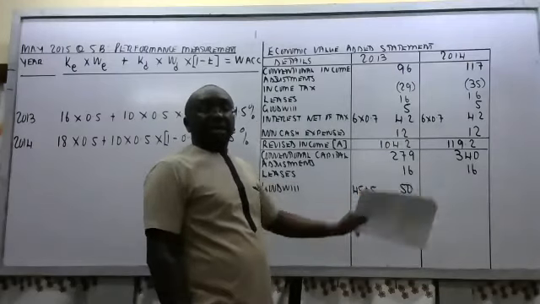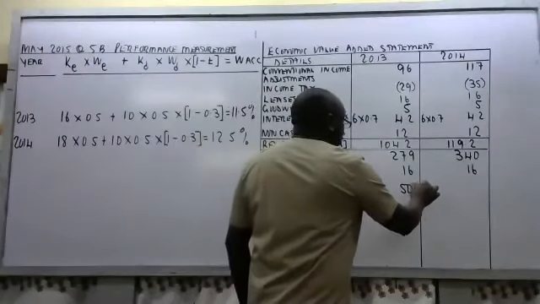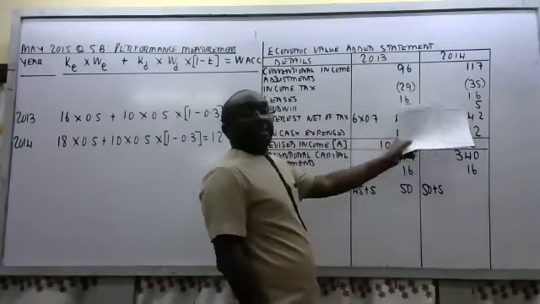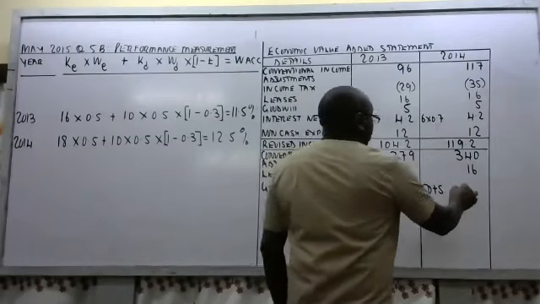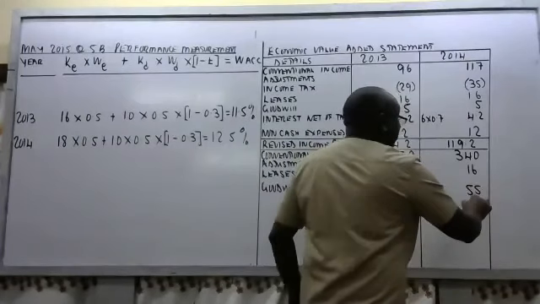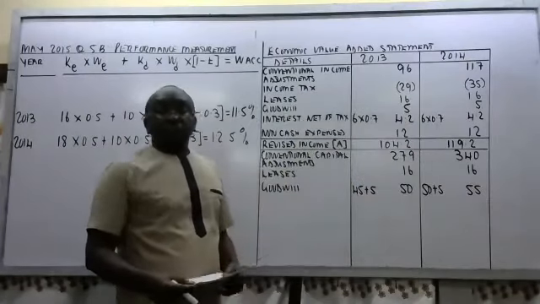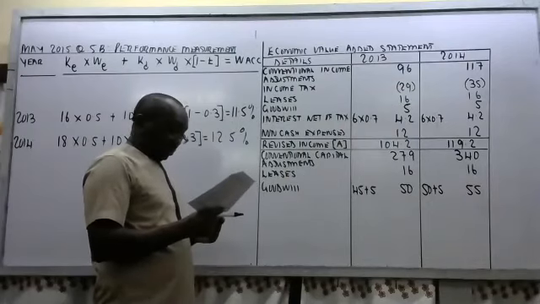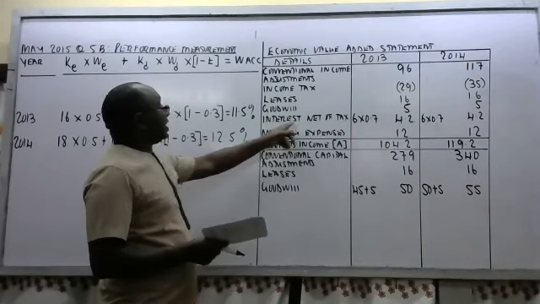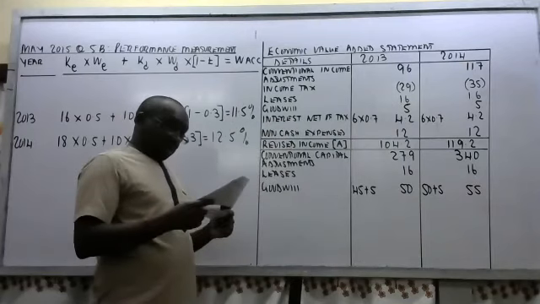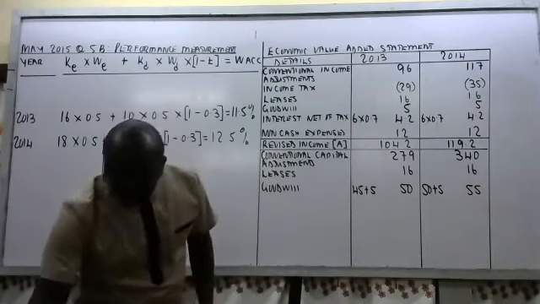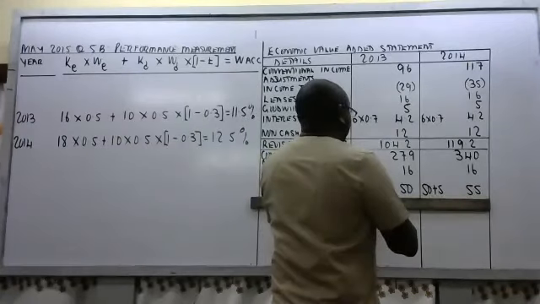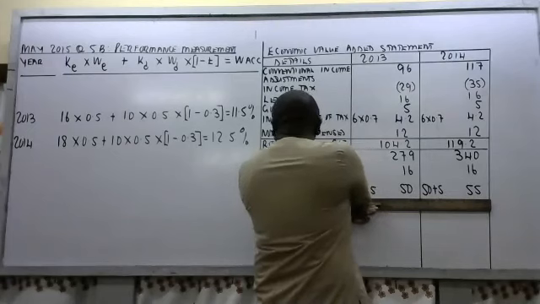And you do the same thing for the next year. You bring 50, you add back 5, the one that has been allowed for that, and we have 55. Interest does not appear, so there is nothing else that will affect us.